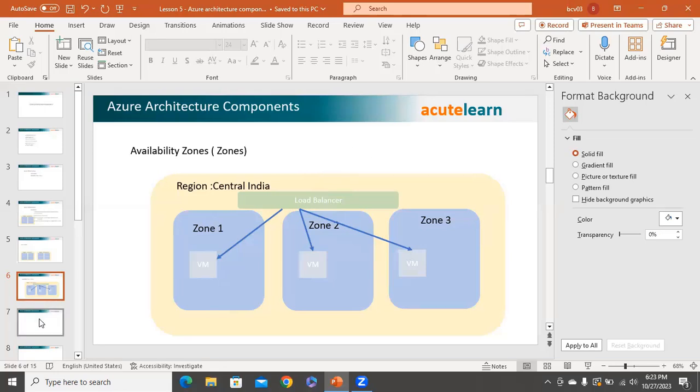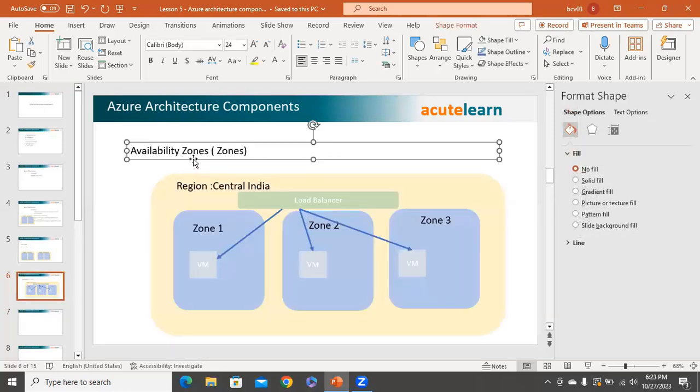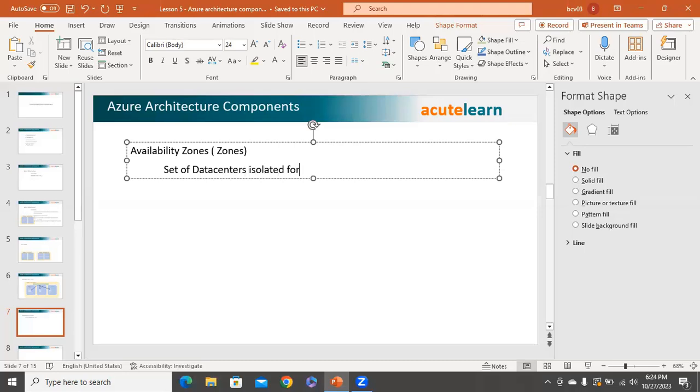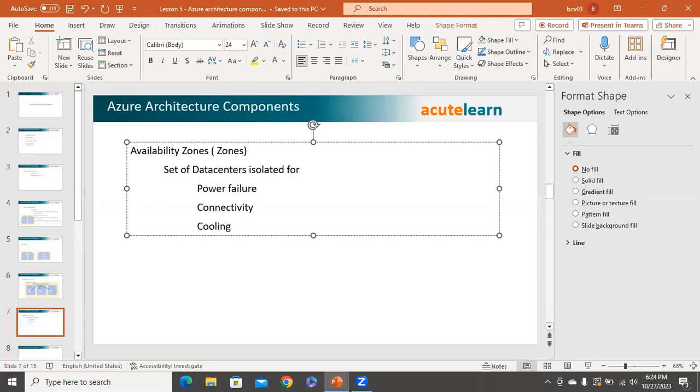So a zone is basically a set of data centers isolated for power failure, connectivity, and cooling, like air conditioners.